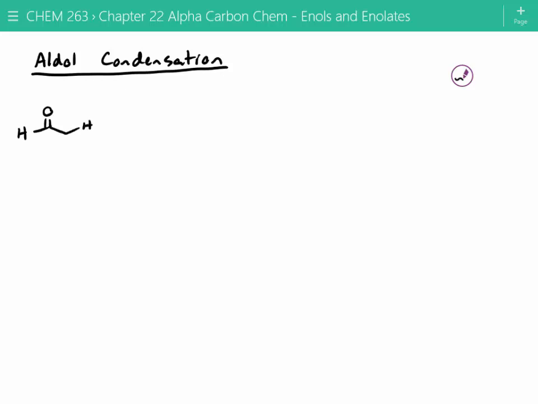So the example we had was if you've got acetaldehyde and hydroxide, you can deprotonate your alpha position. And then it will attack itself, or another equivalent molecule of acetaldehyde.